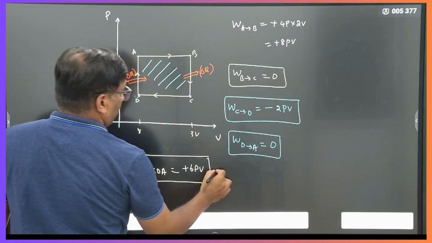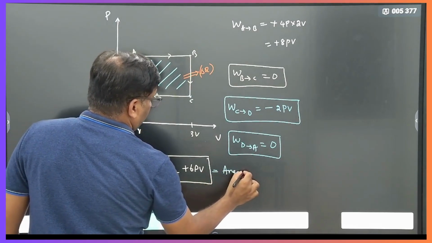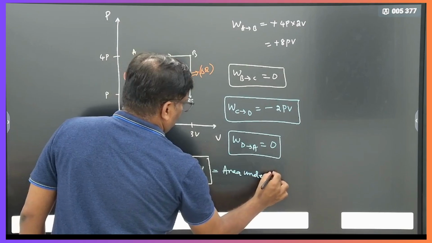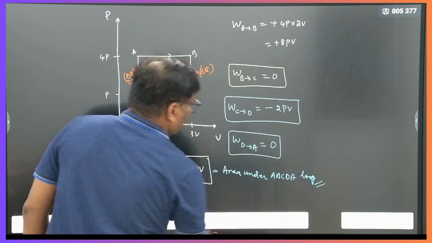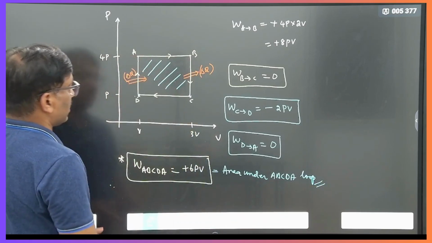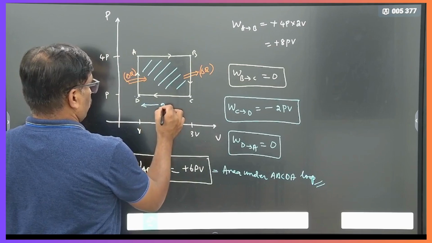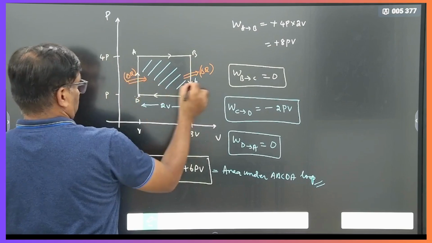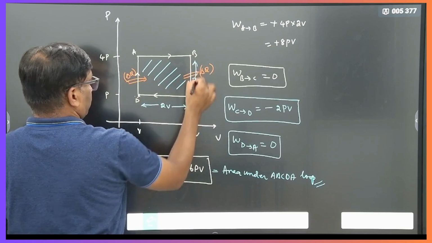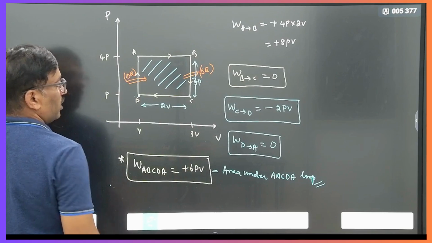This loop, what will you get? It will be equal to the area under the A, B, C, D, A loop. If you are calculating A, B, C, D, see what is this? This distance is 2V and this distance is 3P. 3P into 2V, therefore it is 6PV.